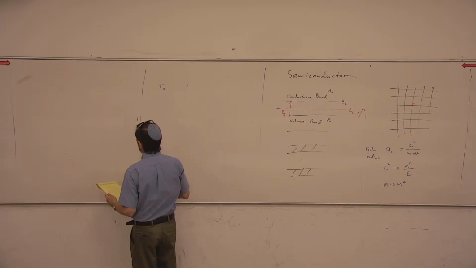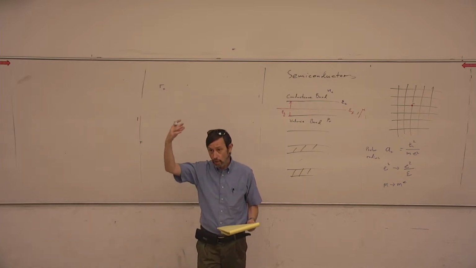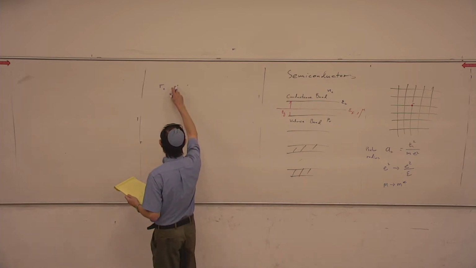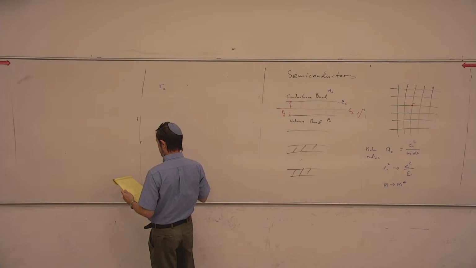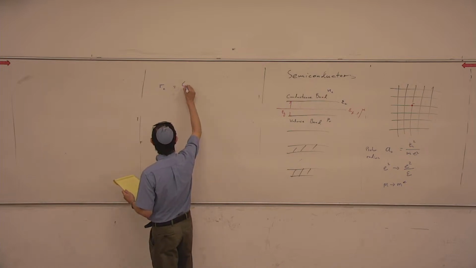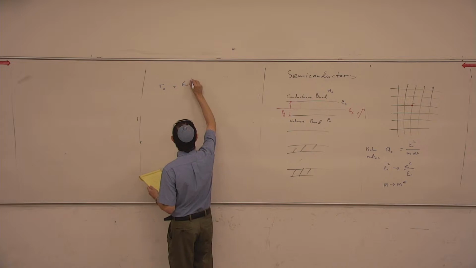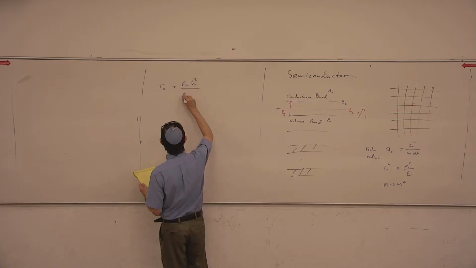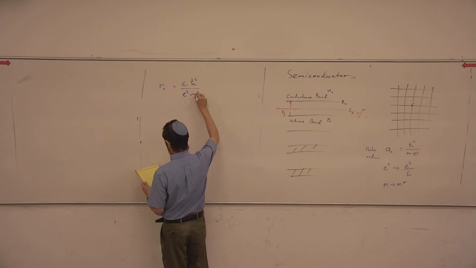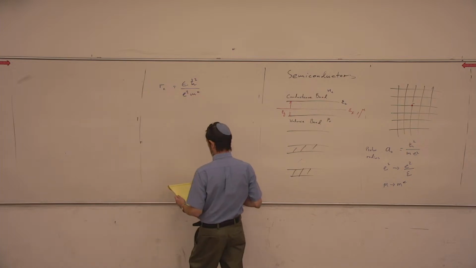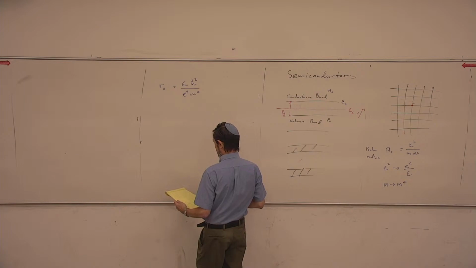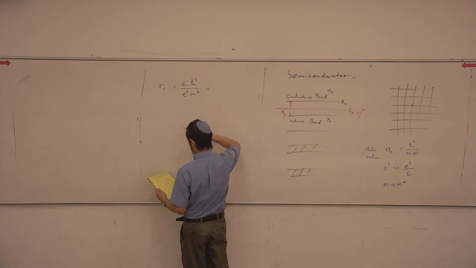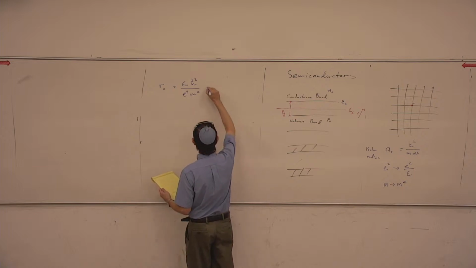So the radius of this electron orbiting the impurity nucleus becomes larger by a factor of epsilon times the mass ratio.